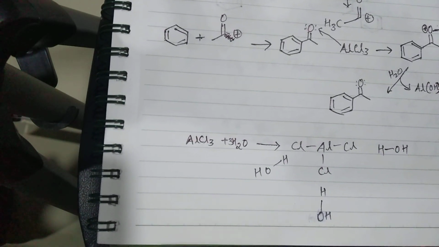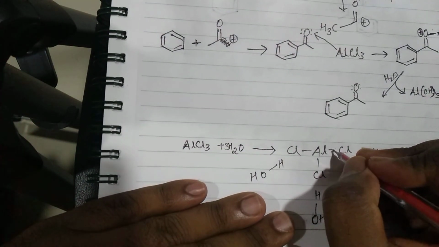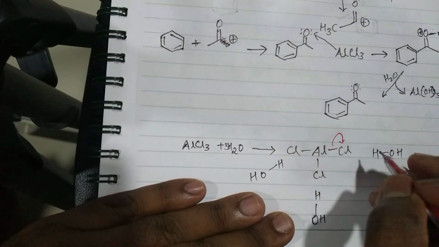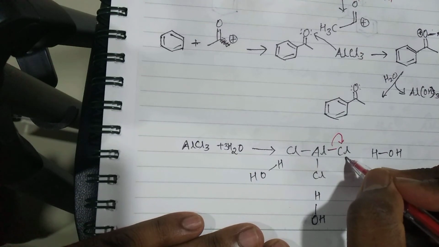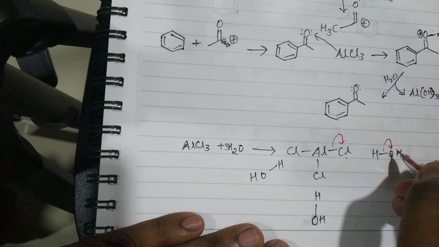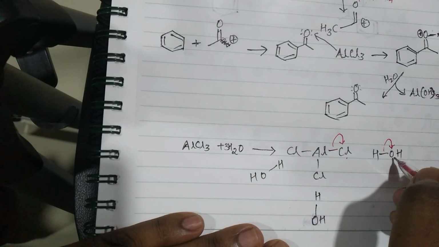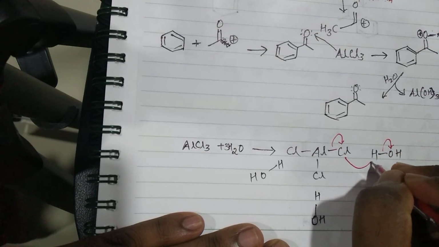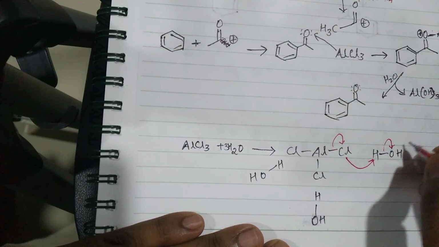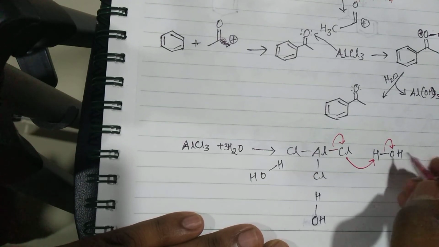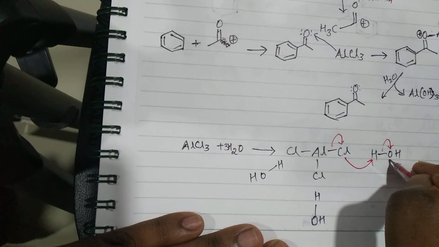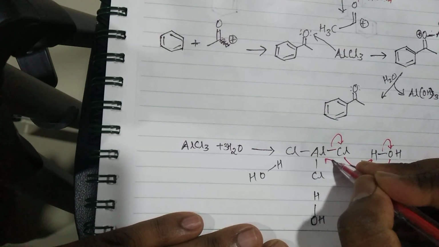Now just follow the arrows which I draw here. Chlorine will leave with its electron. This proton will leave its electron to the OH group. This chlorine will pick up this hydrogen and form HCl. Now there is a negative charge on this oxygen, and it will be picked up by aluminium.